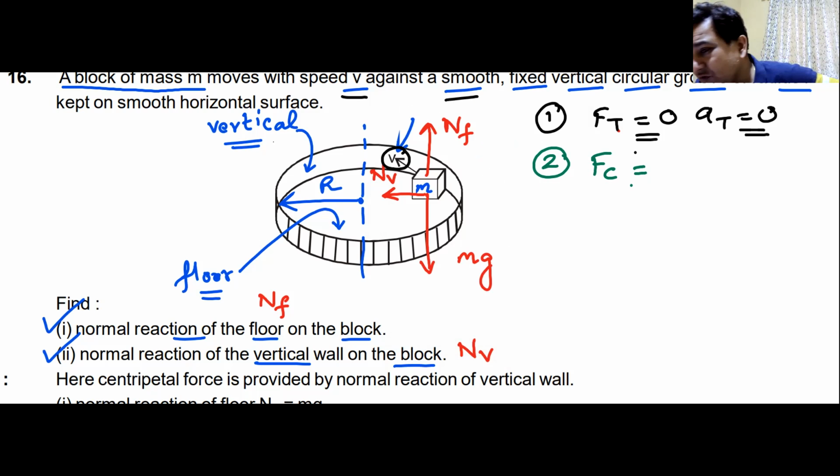The only force which is making it move on the circular track is this force NV. NV, the green force, is acting as the centripetal force in this question, giving it the centripetal acceleration. Do we understand this? Can I have some raise hand that we understand this?